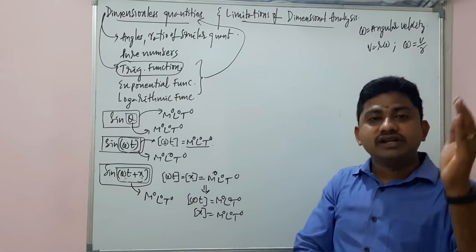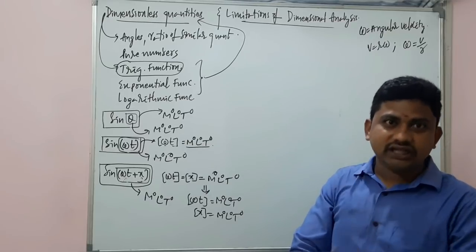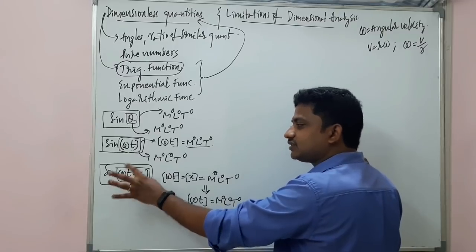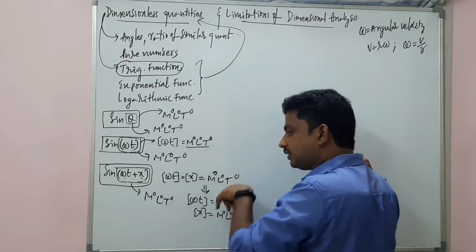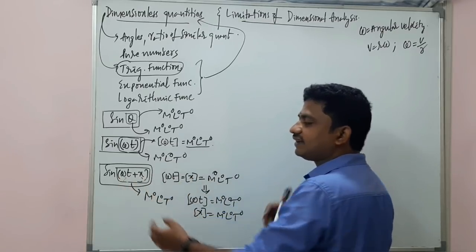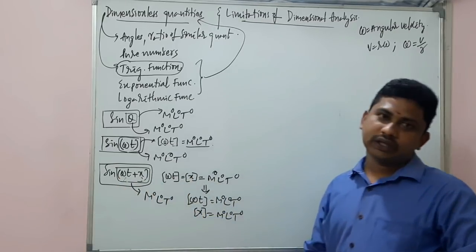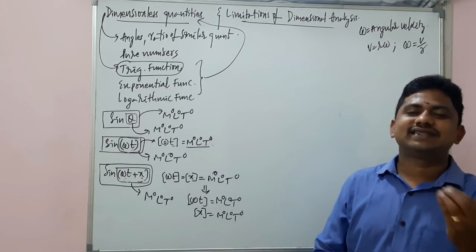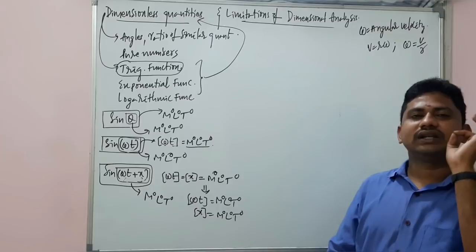That's called the principle of homogeneity. According to that, omega t will have dimensions equal to x. Will have dimensions M0 L0 T0 because this complete part will not have any dimensions. Okay? Clear? So let us solve a simple basic numerical here.